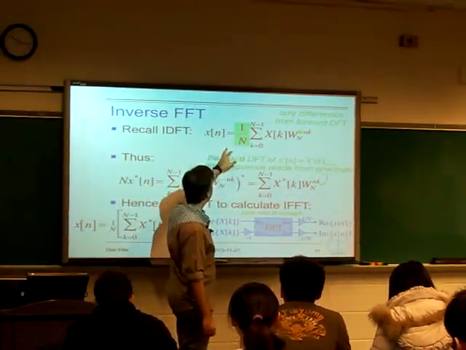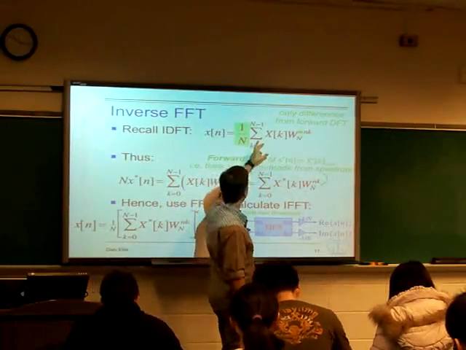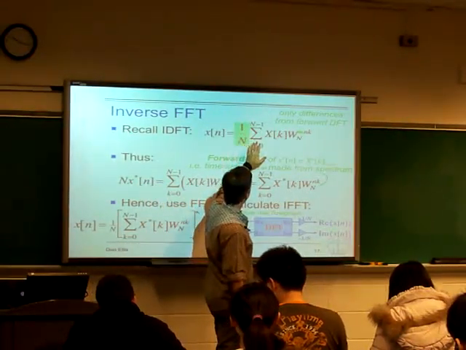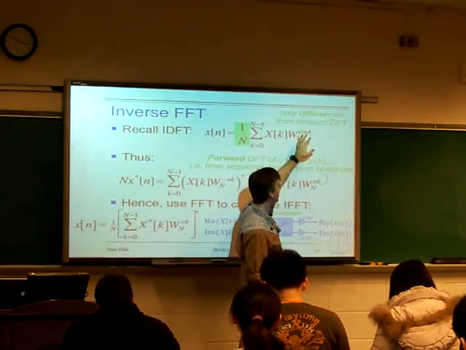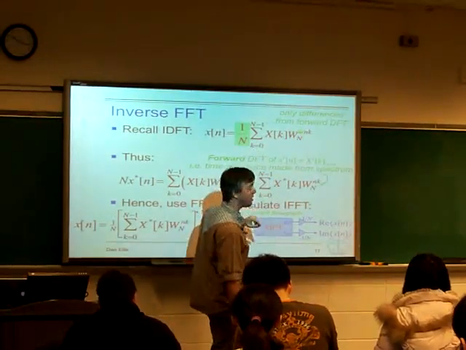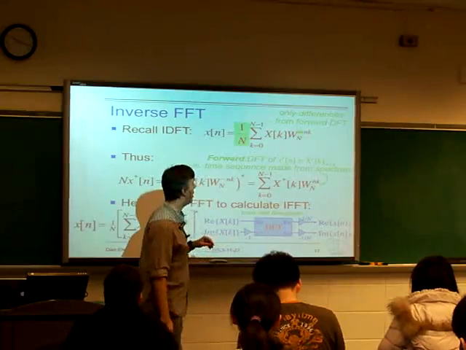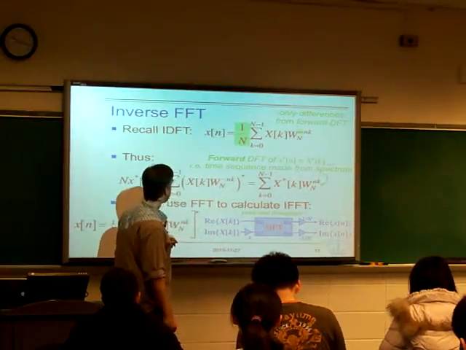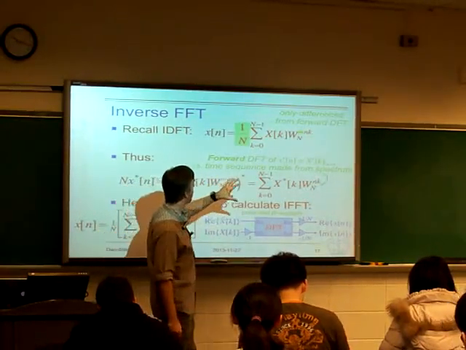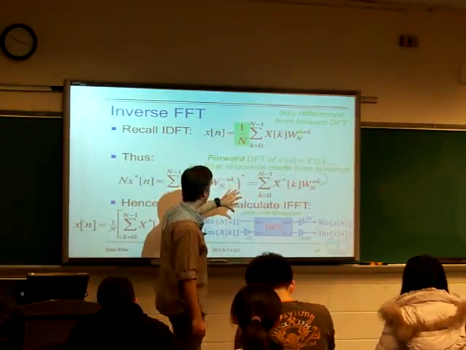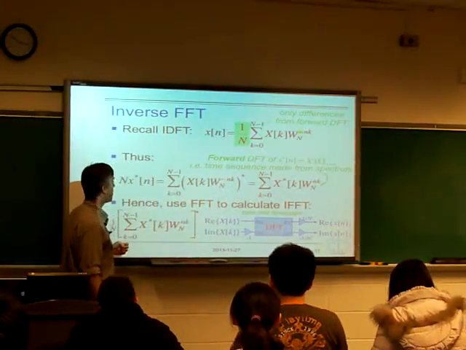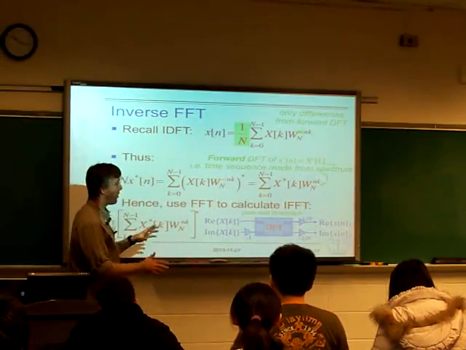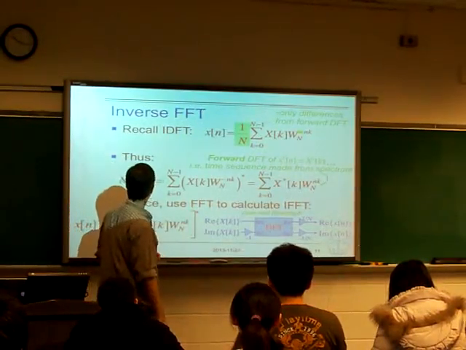This is the inverse DFT, and the only difference between this and the regular forward DFT is that we flip the sign, we conjugate these constants here, and then we have a scaling constant of 1 over n on the whole thing. That means if we have an algorithm for calculating the forward DFT, we can actually use it to calculate the inverse DFT just by modifying our inputs and outputs slightly.